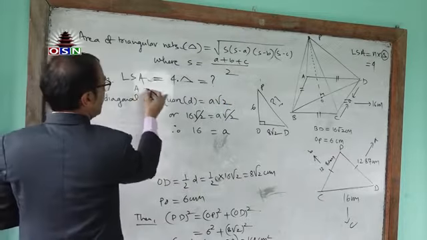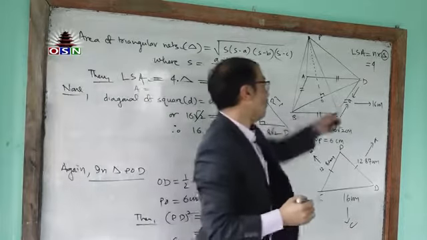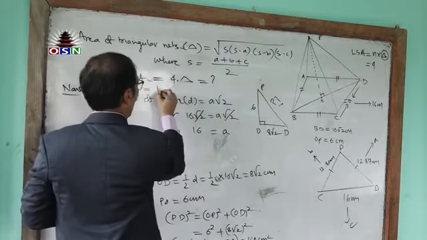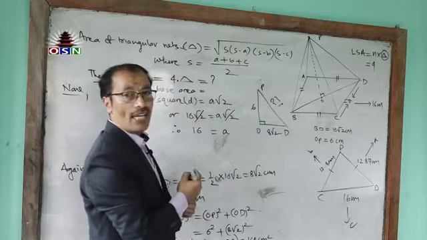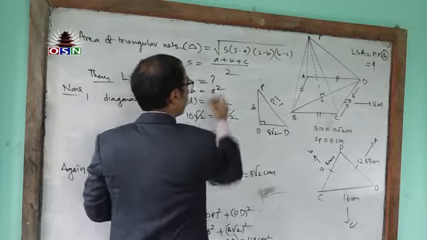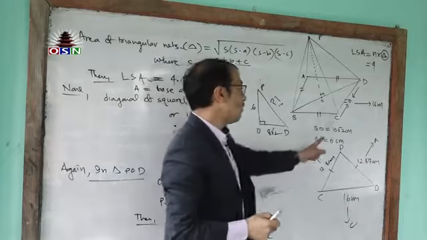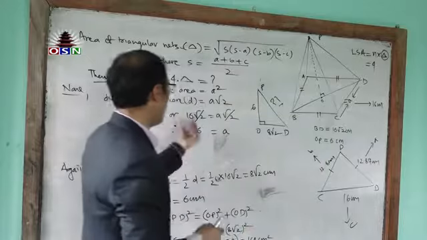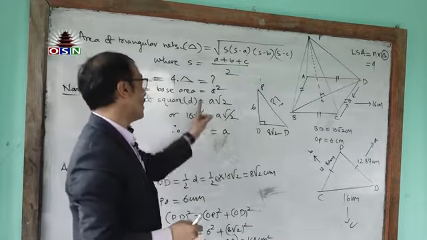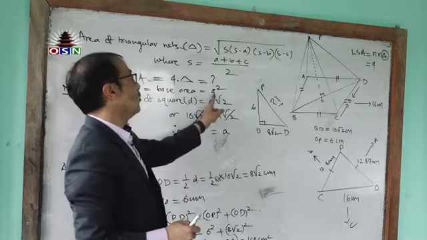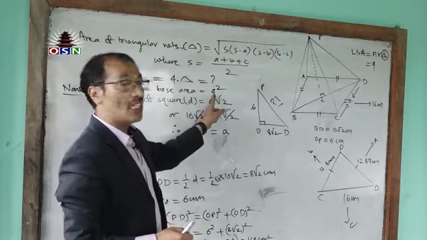Again you will find the base area. What type of base do we have here? Because the base is square in shape, you write here A square. A is clear for you because we have already found its value. Therefore, just place 16 here, then you will find the area 256 centimeter square.